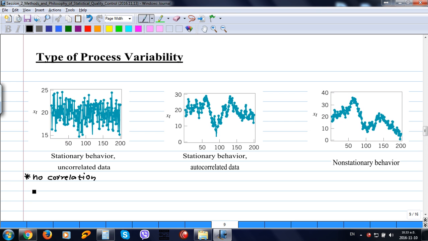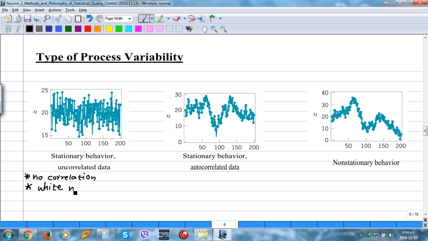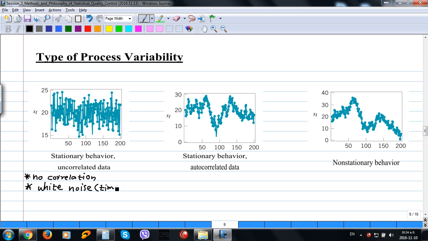When you learned time series analysis last semester, you saw that this type of uncorrelated data we called white noise. This is somewhat similar to white noise in time series analysis. So if there is uncorrelated data, there is no pattern.